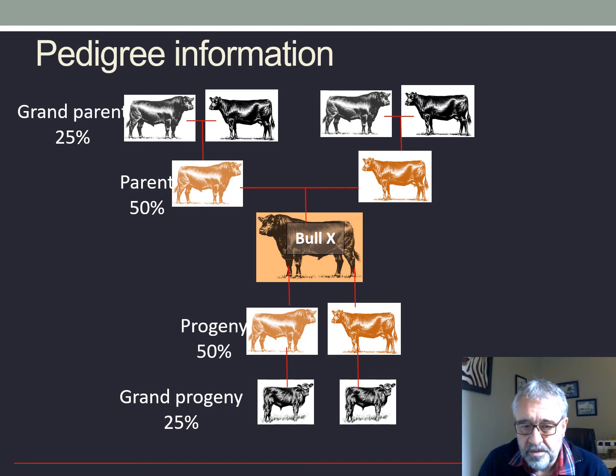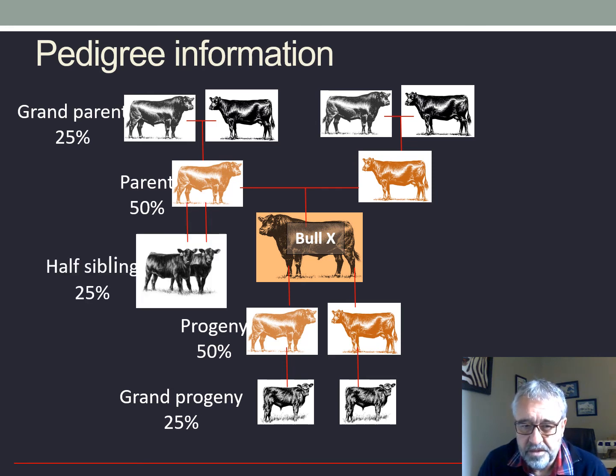He will, on average, also share 25% with his half sibs. So let's say, for example, one bull was used on 30 cows, and this bull is one of the 30 progeny emanating from those matings.